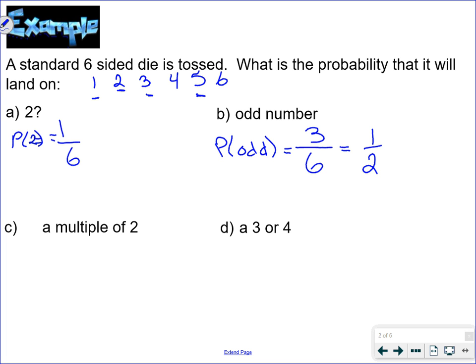For the next question, what is the probability that it will land on a multiple of 2? Multiples of 2 are 2 times 1, which is 2, 2 times 2, which is 4, and 2 times 3, which is 6. So 2, 4, 6 are multiples of 2.